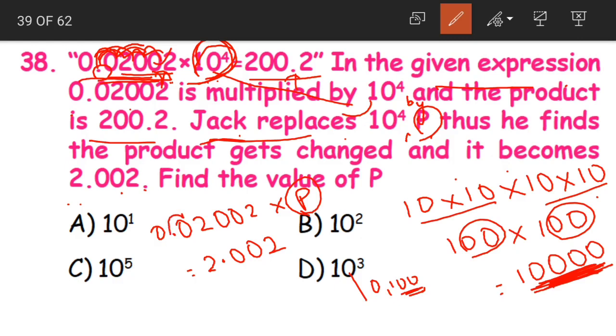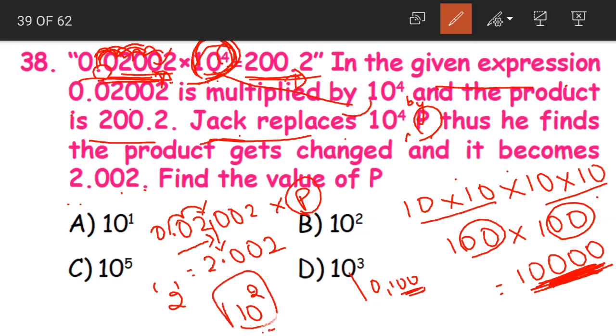Now if you observe, the decimal point has moved 2 places to the right. Yes, see here we have got the decimal point now after multiplying. When we multiplied by 10 to the power of 4, the decimal point moved 4 places to the right. Now here the point has moved only 2 places. So we have multiplied it with what, children? 10 to the power of 2.